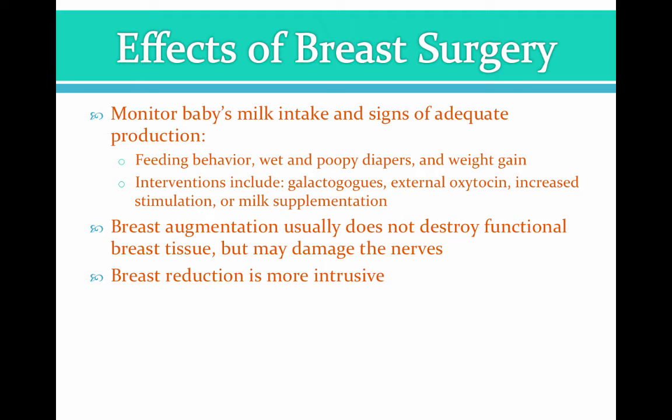Breast augmentation usually does not destroy functional breast tissue, but it could damage the nerves. And we've already talked about nerves, and so you know that the nerves are necessary to stimulate the hormonal release when the baby nurses, to let down the milk and to signal the breast to make milk.